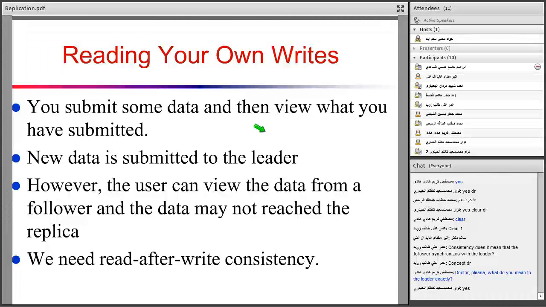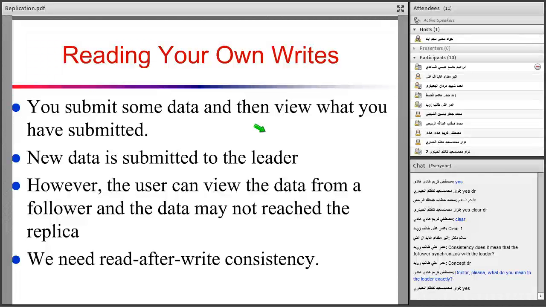But there is a replication lag between the leader and asynchronous followers, because we have two types of followers: synchronous followers and asynchronous followers.